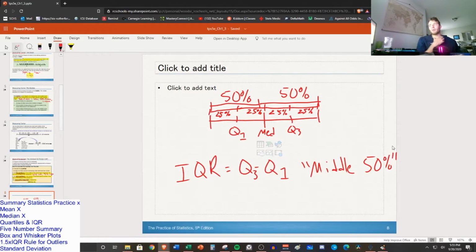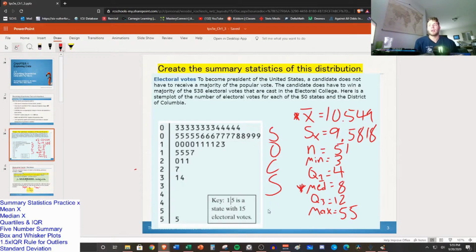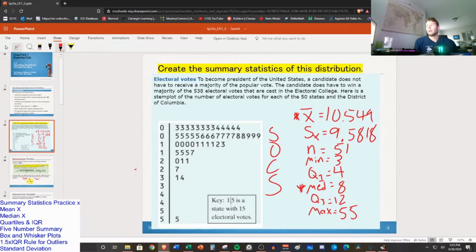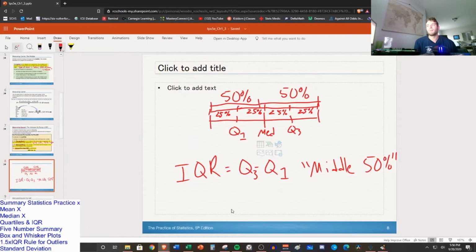So when we describe spread moving forward, if I went back up here and let's say that I wanted to describe the spread, we have been using range, right? But we're going to throw range out. Range no longer is relevant, okay? We're going to put a little star here, and I want you to have written all of this, by the way.